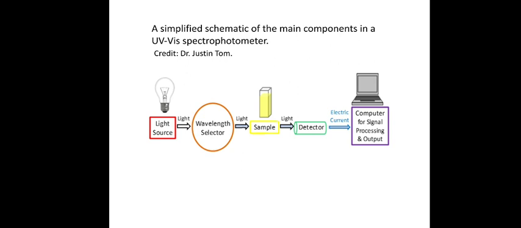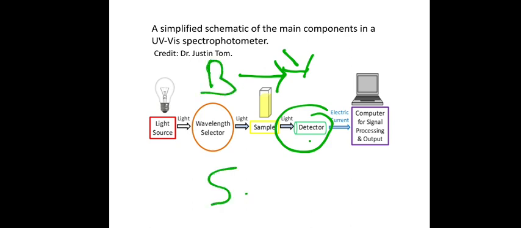In the next step, you are going to use the detector. This detector will detect the amount of light that has been passed. There will be settings for absorbance and transmittance. You can select any one of them. So this will detect the intensity of the light that is transmitted for the blank as well as for the sample.